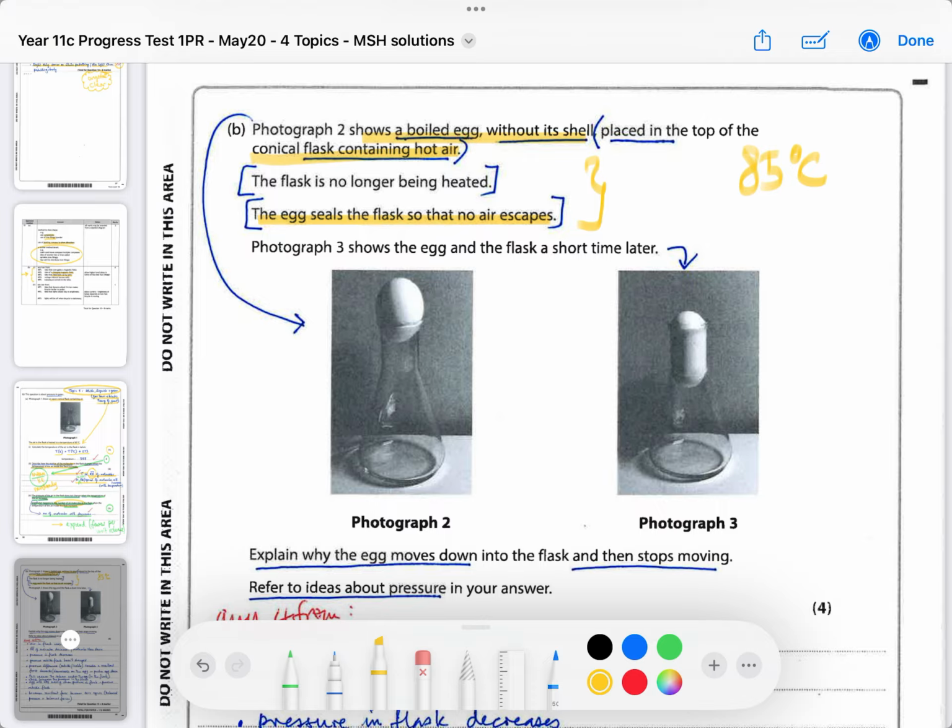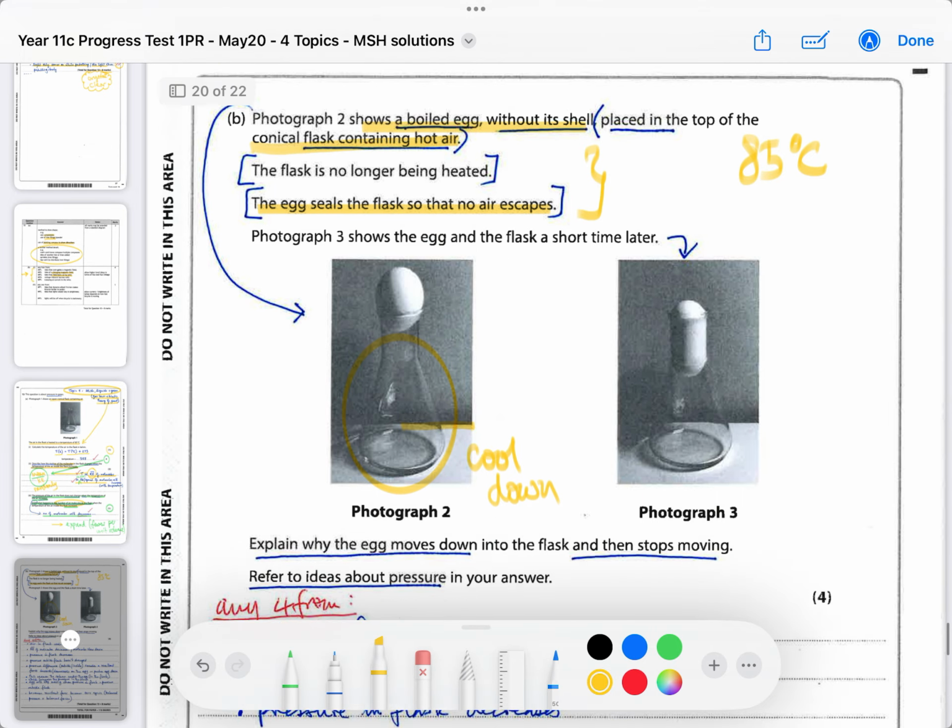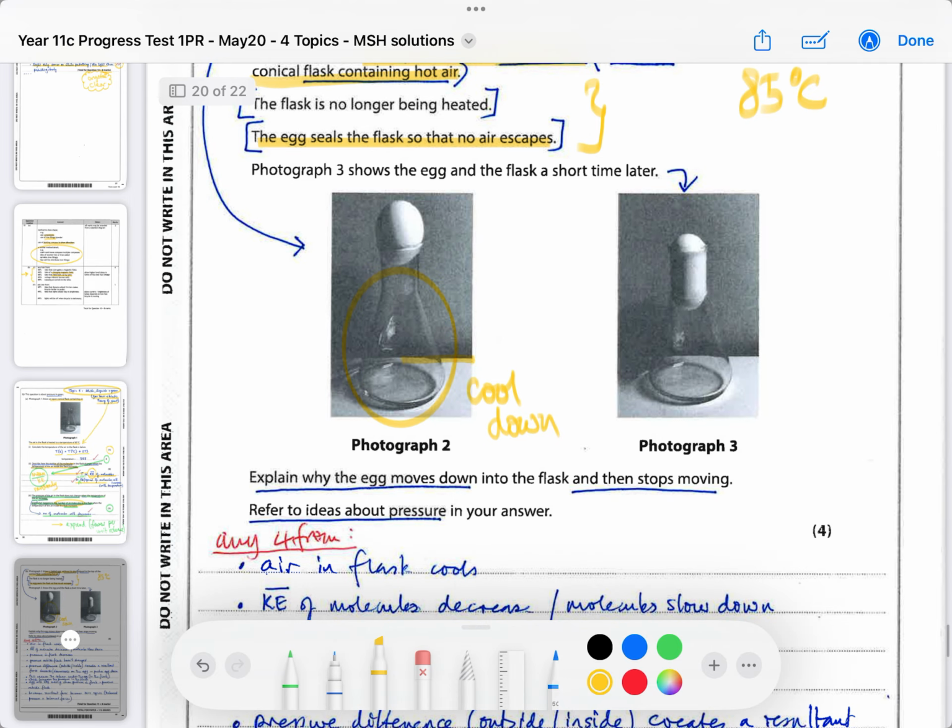But now it's going to cool down. So if it cools down, what's going to happen to the molecules inside the flask? The molecules will slow down, and if they slow down, then the pressure will drop.